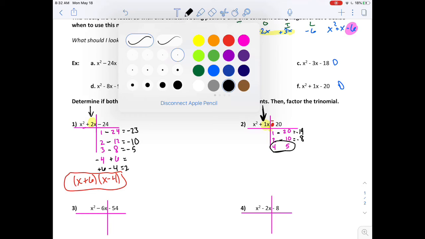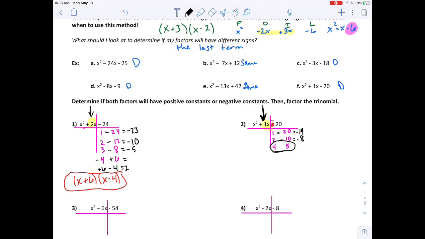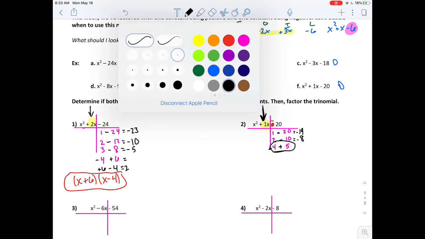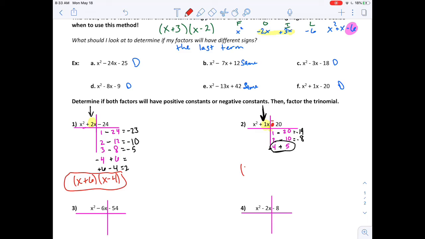I want more positives, so 5 is going to be positive. So let's see, I want a positive 5. And since this last term is negative, they've got to be different signs. Negative 4 and positive 5.